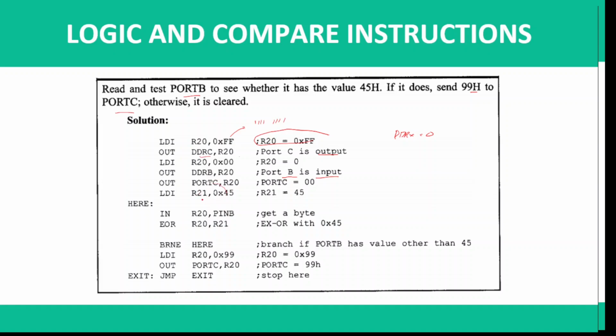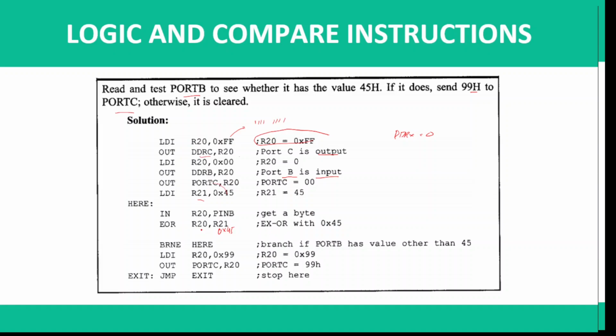This R21 will be our basis for comparison, to check whether our input in port B is 45H, then we'll send 99H to port C. So here we have a loop. We read pin B, put it in R20, and then exclusive OR them together. We have here 0x45, which we compare to the value of R20.